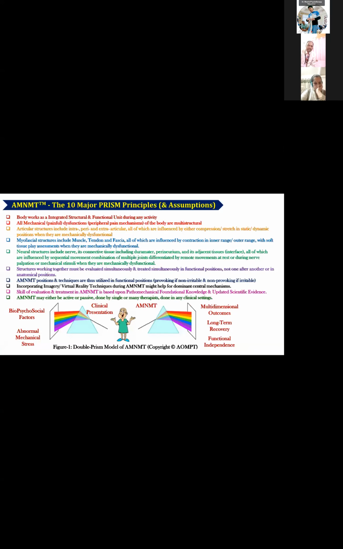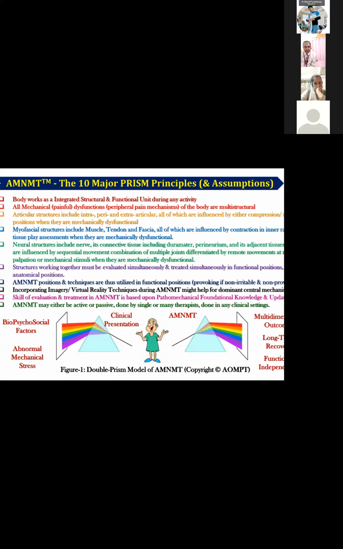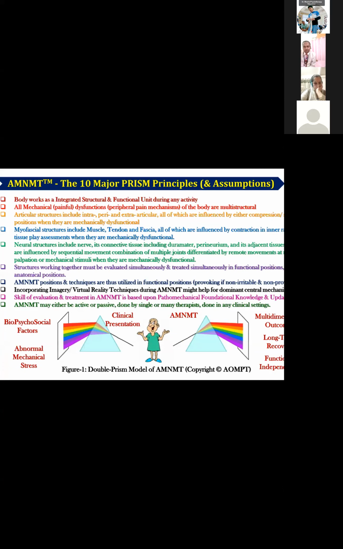The 10 major PRISM principles or assumptions behind the AM&MT, we're going to see now one by one. Body works as an integrated structural and functional unit during any activity. So don't think that only muscles are working, only joints are working, or only nerves are working. No, all three are working. All mechanical painful dysfunctions from the peripheral pain mechanisms of the body are essentially multi-structural.